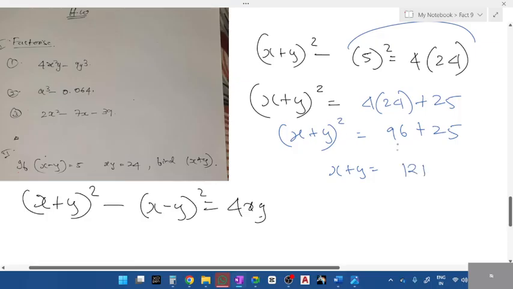Okay. The square goes to the other side, becomes square root. x plus y is equal to plus minus square root of 121, which is 11. Done, Kia and Angel. Shall we try the next one?